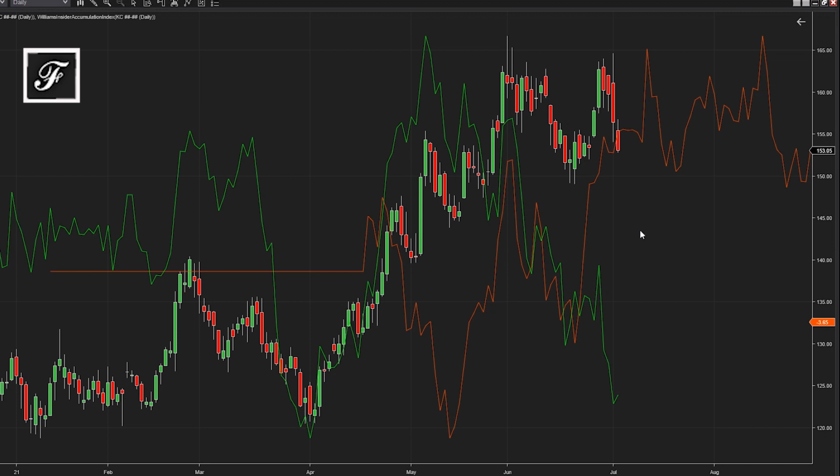But we have only, let's say, 50% of our tools that indicate this move might happen. So keep that in mind. It's not that strong setup, but at least it's something. So add Coffee to your watch list, and maybe we will get a signal here next week or so.